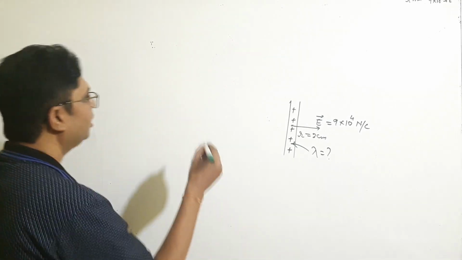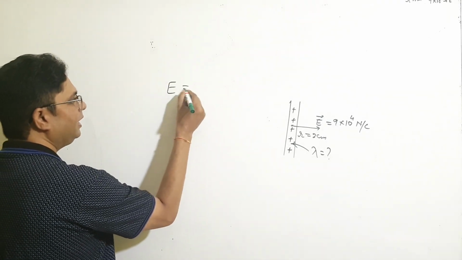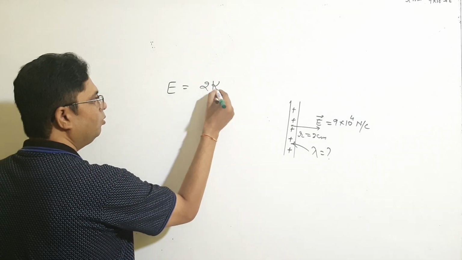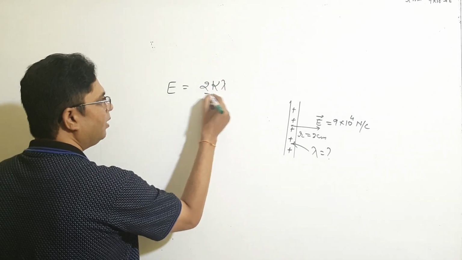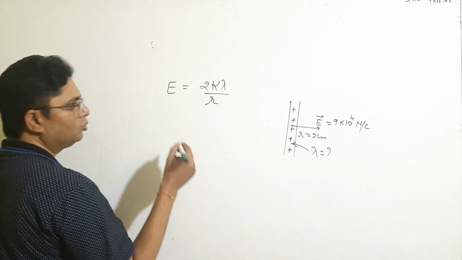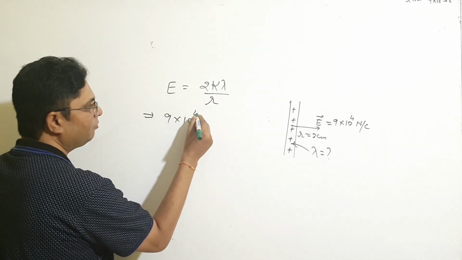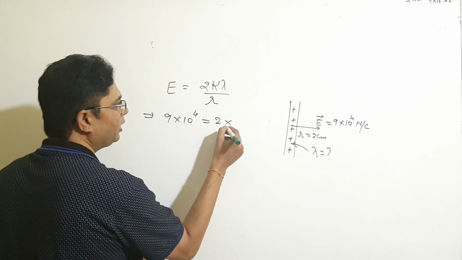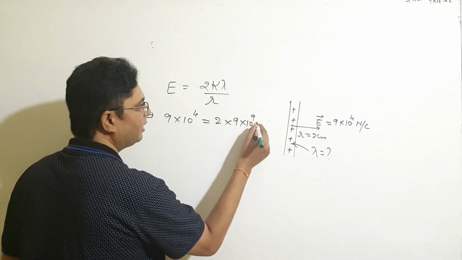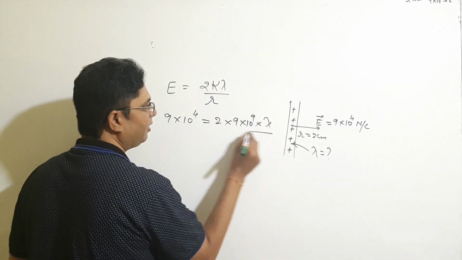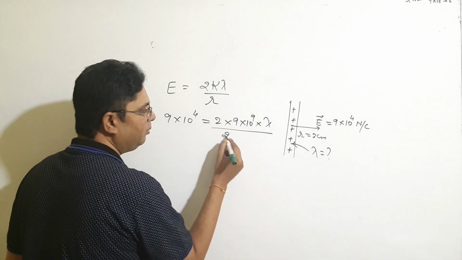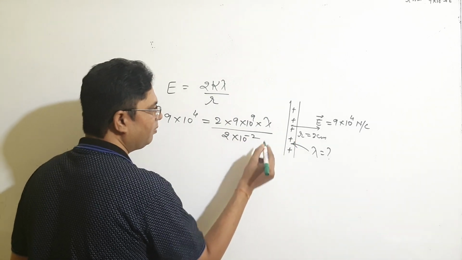You know the formula. In this case, electric field E equals to 2K lambda upon R. So you have E equals to 9 into 10 to the power 4 and 2K is 9 into 10 to the power 9. You don't know what is lambda, which we have to find. R is 2 centimeter. This means that 2 into 10 to the power minus 2.